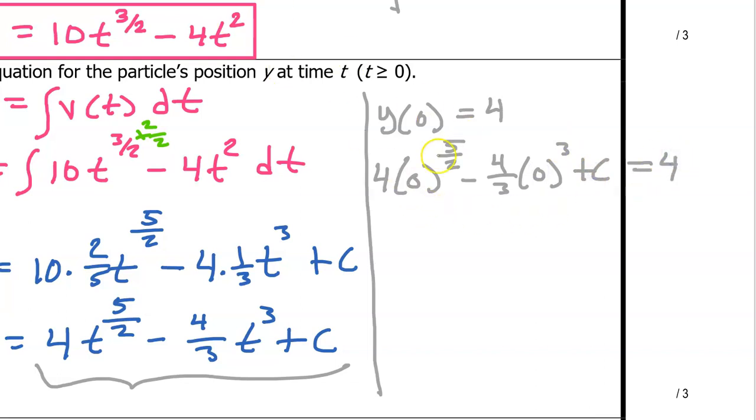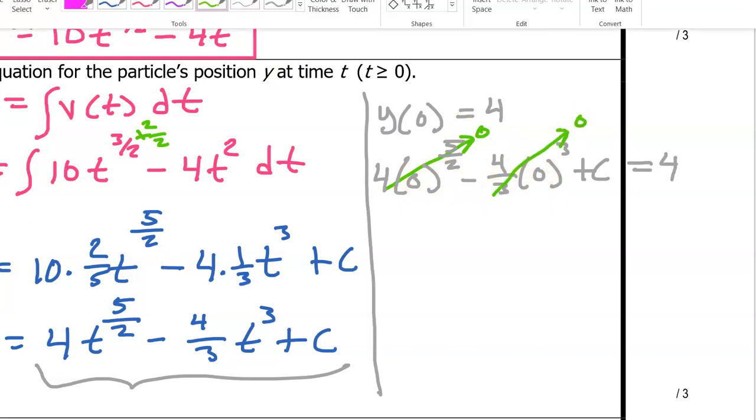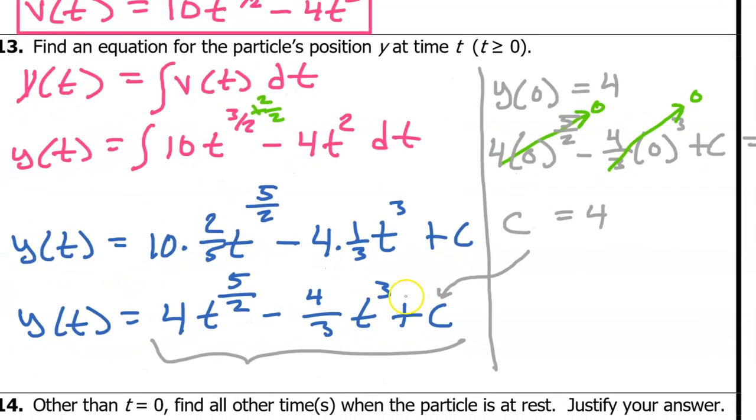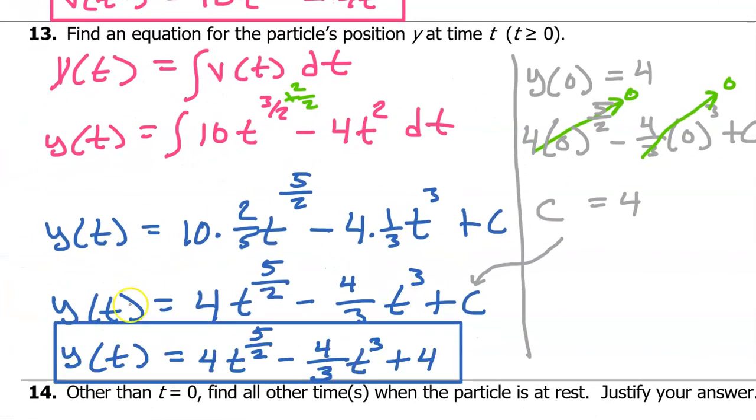But of course, these terms will equal 0 because of these zeros. So I just end up with c is equal to 4. So we can substitute that in, and that will be the real equation. Kabam!